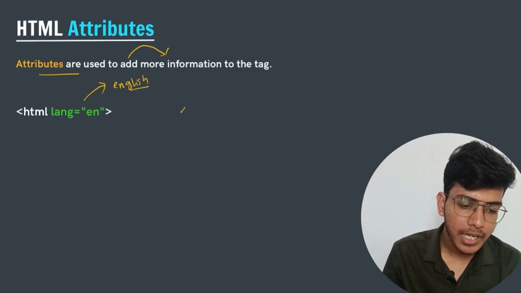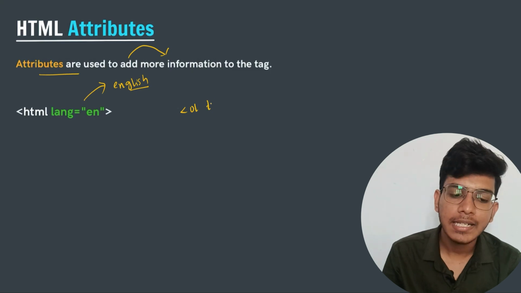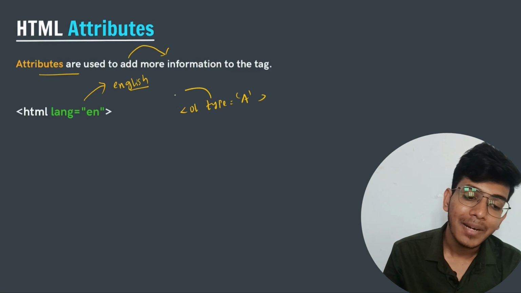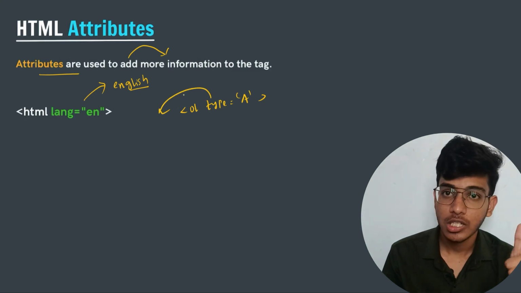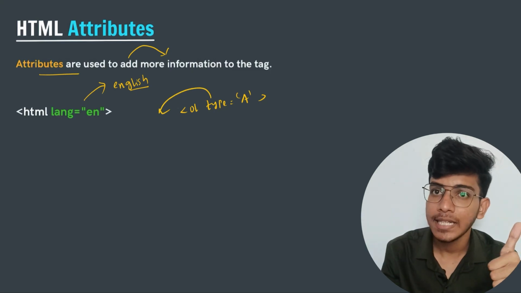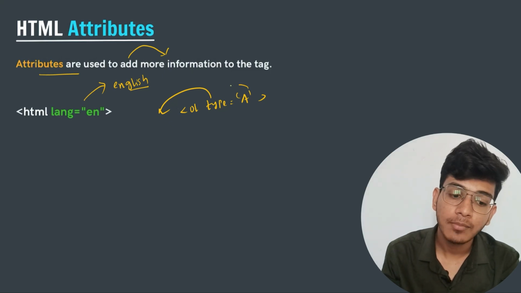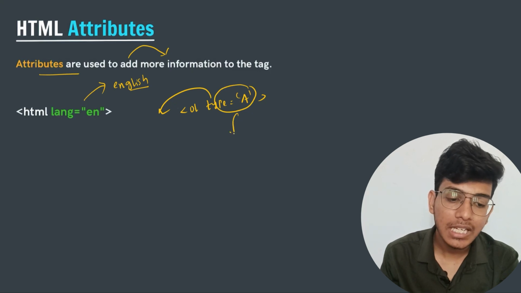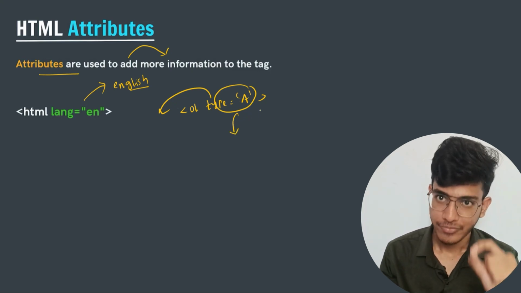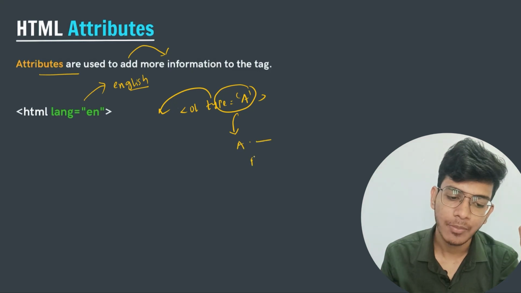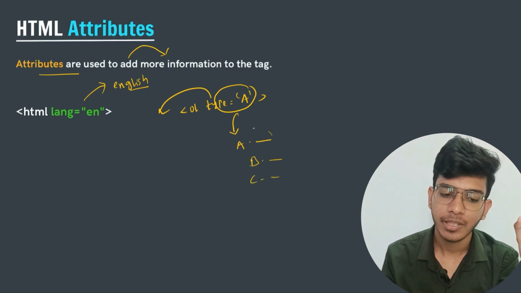And whenever I am writing OL, it is my ordered list, type is equals to A. This represents that I have created the ordered list, and in the ordered list I am representing the order in terms of characters. So whenever I am creating items in my ordered list, then I will get the output A, some element, B, some element, C, some element, like this.